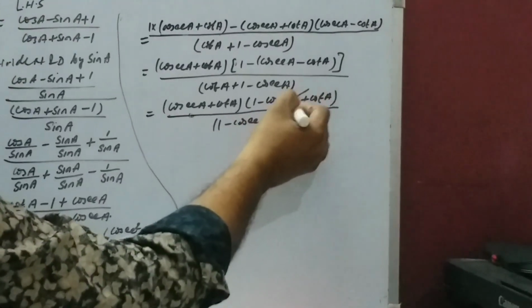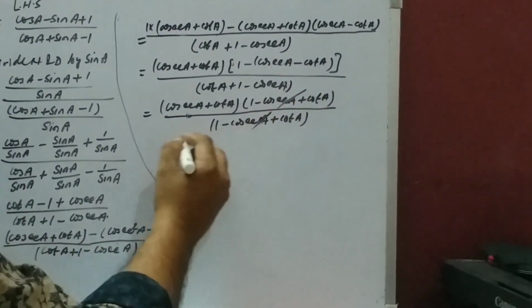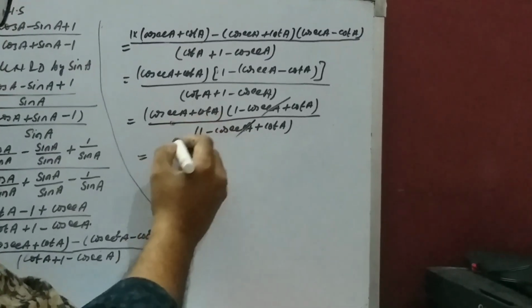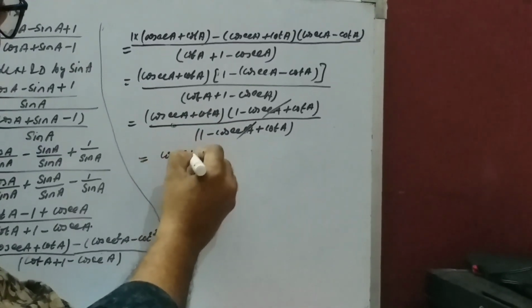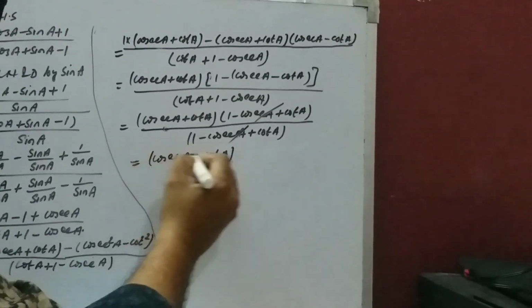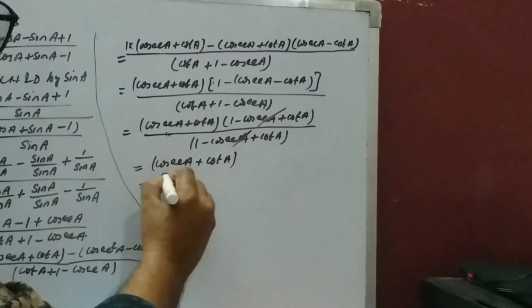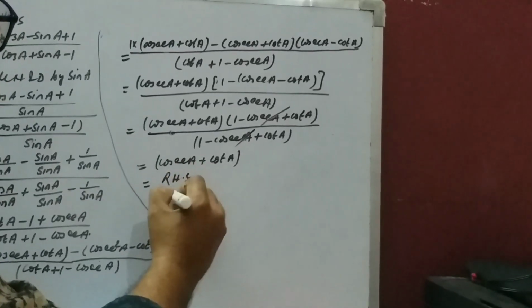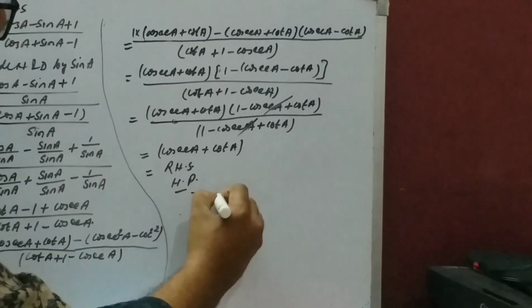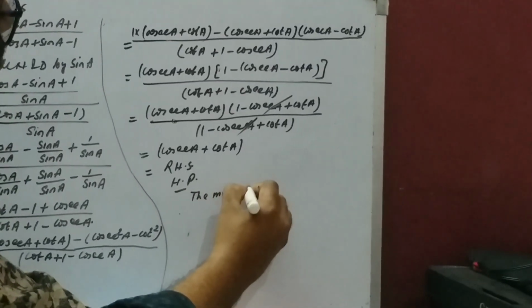To make this and this factor the same, alike in all respects. So cosec A plus cot A is left, and this is the RHS. Hence proved. The most important question.